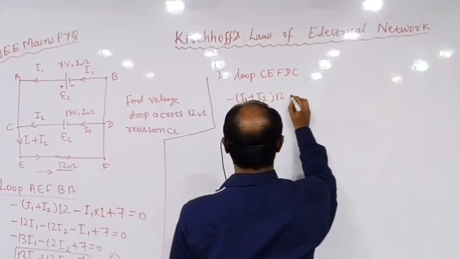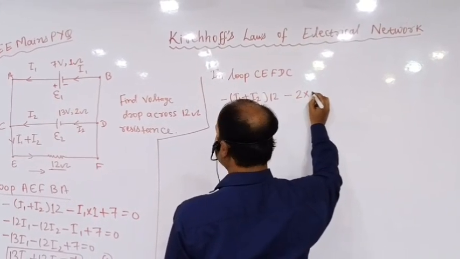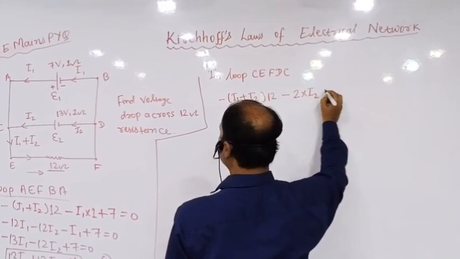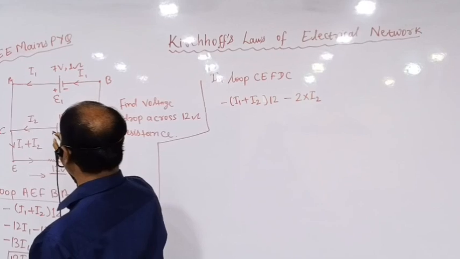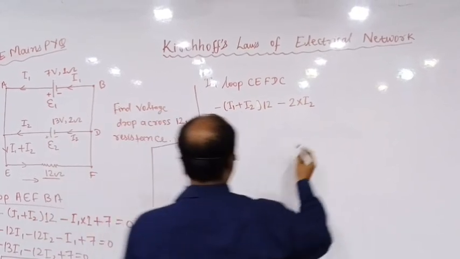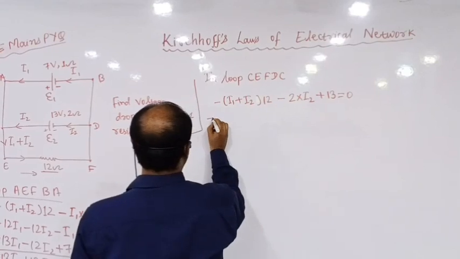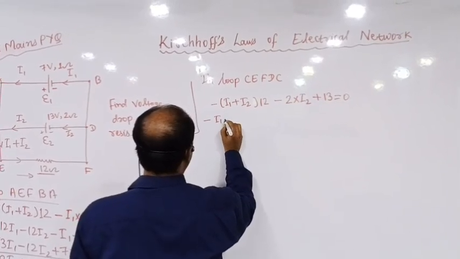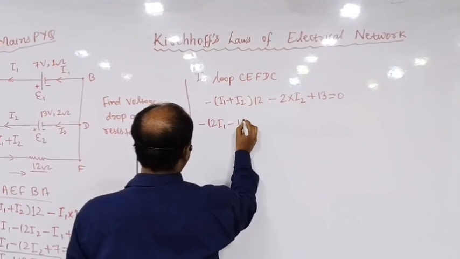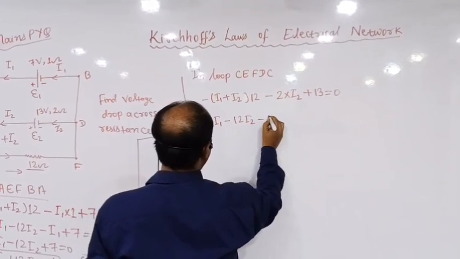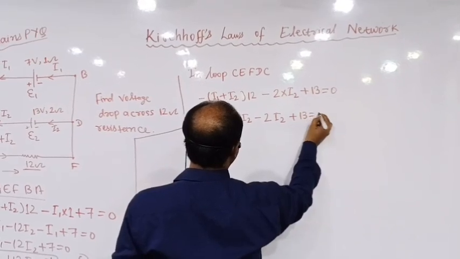Therefore it is minus 2 into I2, and we are moving from negative to positive terminal and the value is 13 volts, so plus 13 equals 0. Therefore minus I1 minus 12 I1 minus 12 I2 minus 2 I2 plus 13 equals 0.